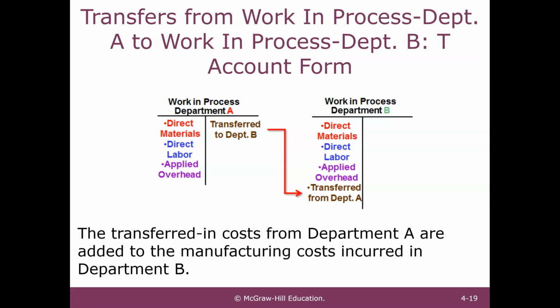Now, since there are more than one work in process accounts, it will go from raw materials into work in process Department A. When it's done in that department, it'll be transferred into work in process Department B. And then if that's the final process, it'll then be transferred into finished goods inventory.